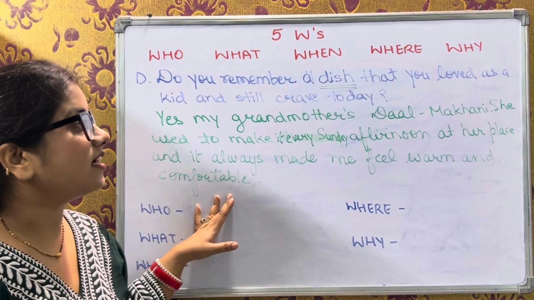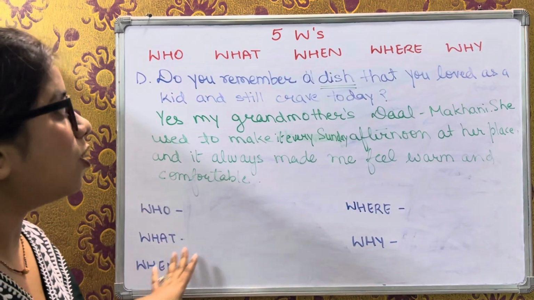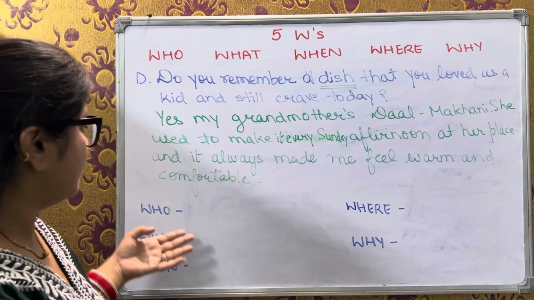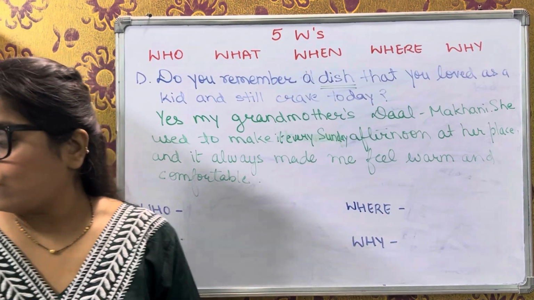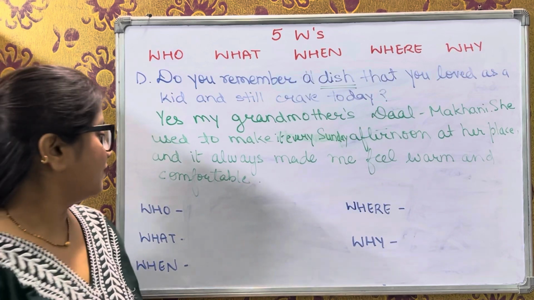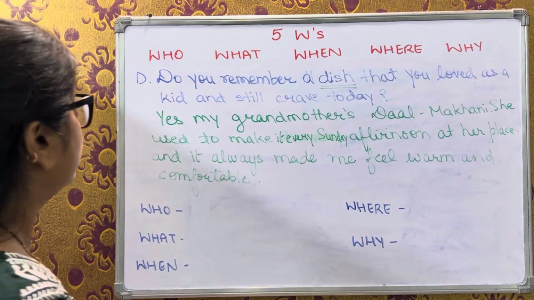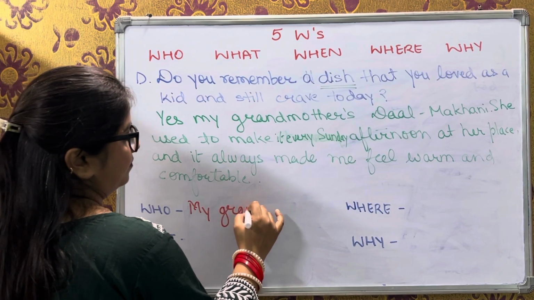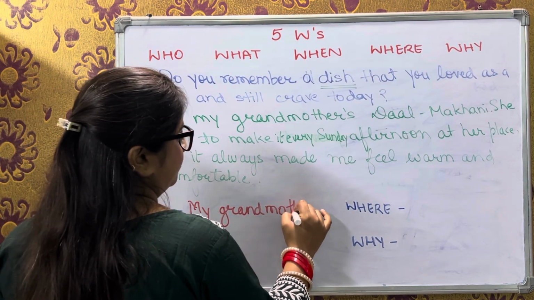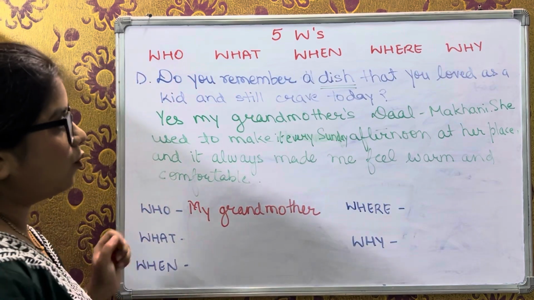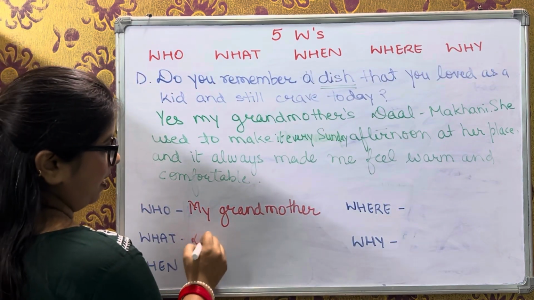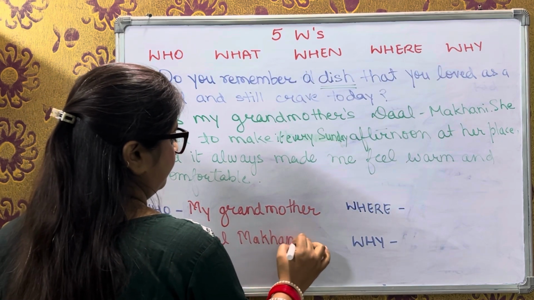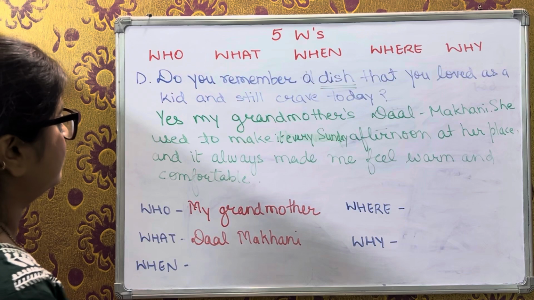Now quickly recognize the answers of all the W's and let me know in the comment section what you think the answers of all those W's would be. So we will discuss it. What is who here? My grandmother. What is what here? What are we talking about? Dal makhani. What is when?